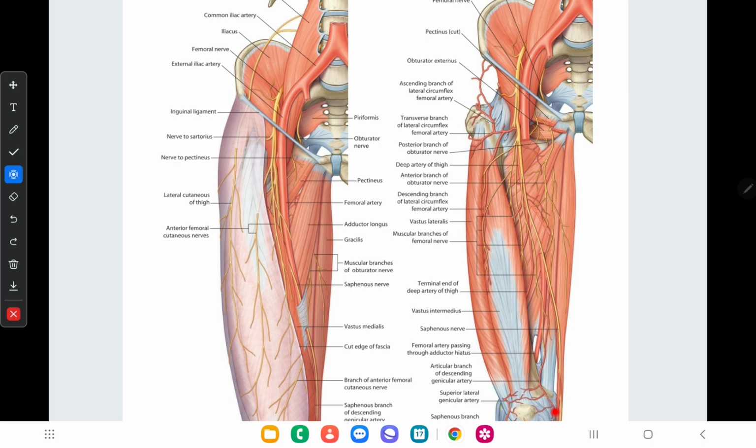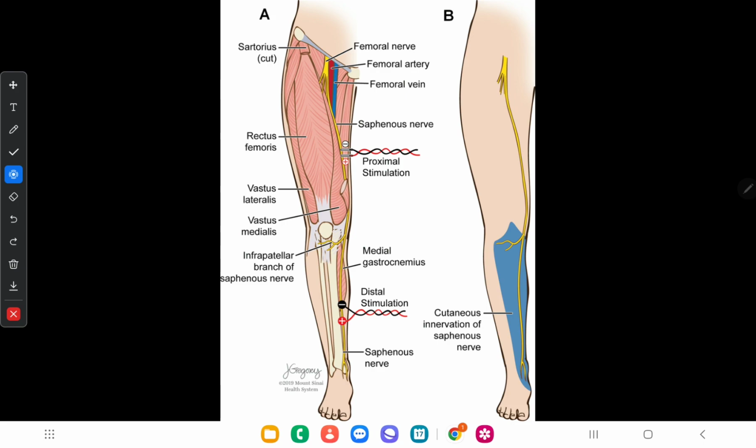Then it runs downward along the medial side of the leg, accompanied by the great saphenous vein. Here you can see the saphenous nerve coming down from the medial aspect of the knee joint, and it goes into the leg on its medial side. You have to remember that the saphenous nerve accompanies the great saphenous vein.